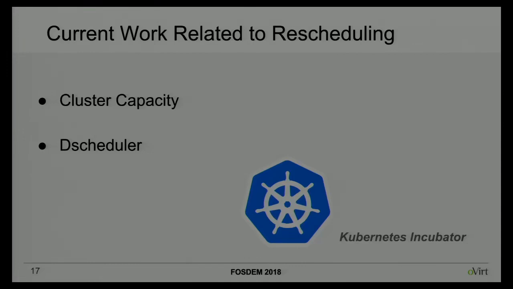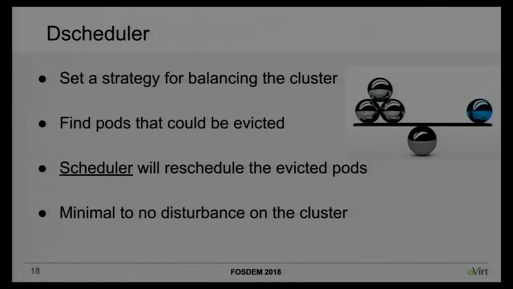So we're coming now to the scheduler. This scheduler currently looks like something that is closer to a complete load balancing solution. Like classical load balancers for workloads, with the scheduler you set a certain strategy or policy.